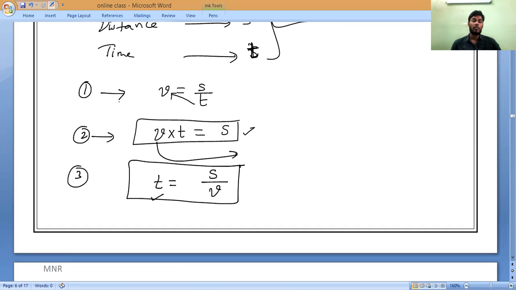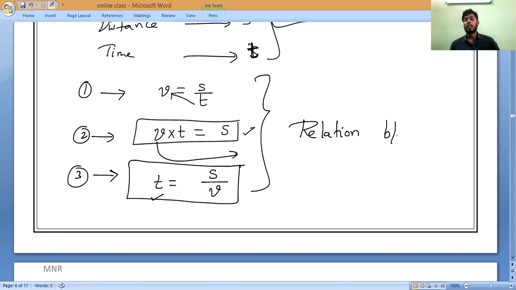They are the relation between speed, time and distance. Clear, everybody?